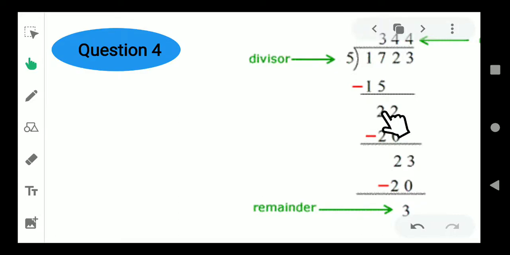In 2 there is no 5. So take the next digit down. 22. In 22 how many 5s are there? 4 5s. 4 5s are 20. Now subtract it. 2 minus 0, 2. 2 minus 2, 0.